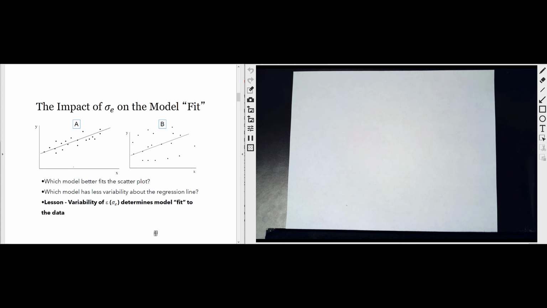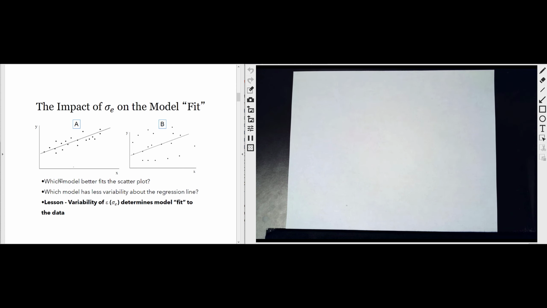Okay, now let's just think about this idea of the standard deviation of the errors conceptually for a second here. We have a couple of scatter plots, A and B, values of some independent variable x plotted against corresponding values of the dependent variable y.